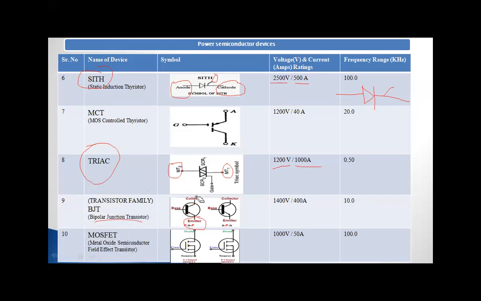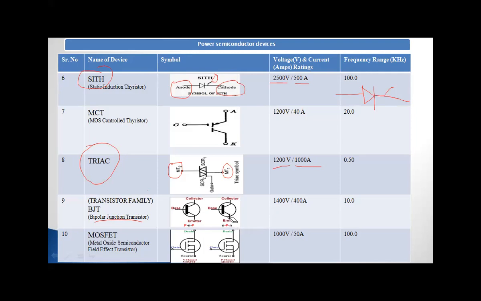Base, emitter and collector. Clear? And this is the PNP transistor, this is the NPN transistor. If the current is flowing inside, it is called PNP. If the current is flowing outside like this, that is the NPN transistor.